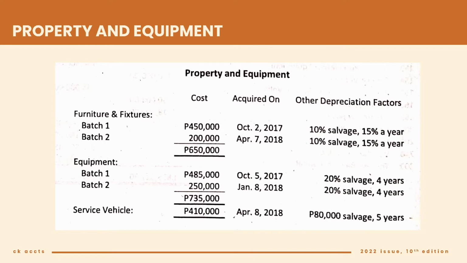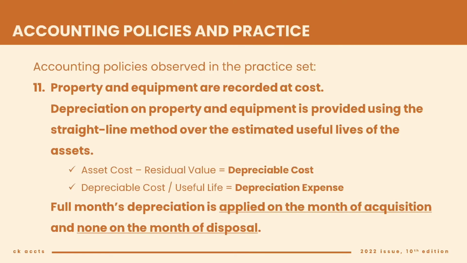Let's move on. So, sa ating accounting policies and practice, 'di ba? Napag-usapan natin doon yung number 11 na part, which is about the property and equipment. So, sabi diyan sa ating accounting policies, property and equipment are recorded at cost. Okay? So, isisingit ko lang 'to kasi importante 'to na malaman or matandaan natin when we are dealing with property and equipment.